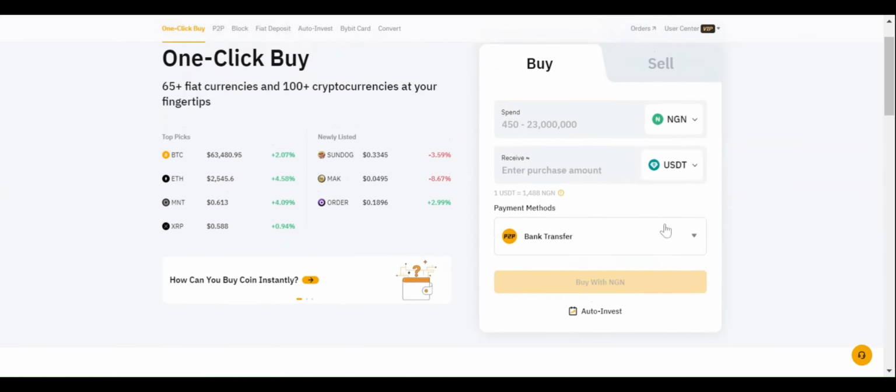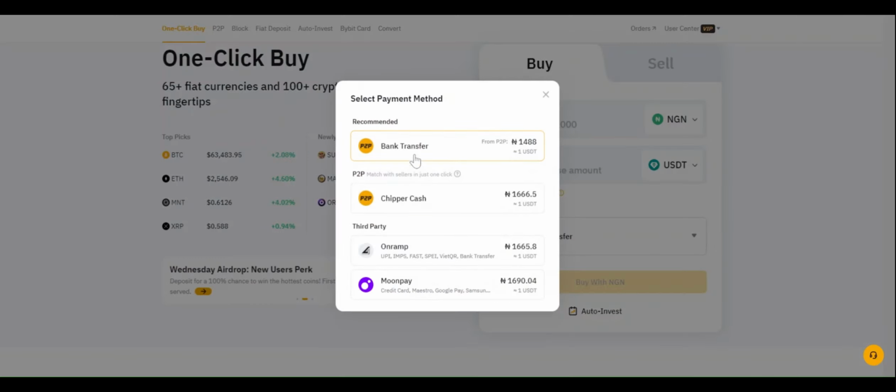So basically it's asking me to pay with bank transfer, and I think there are other options. So bank transfer, cheaper cash, on ramp, this is a third party, MoonPay also a third party. So if I have a bank account, I can just transfer.